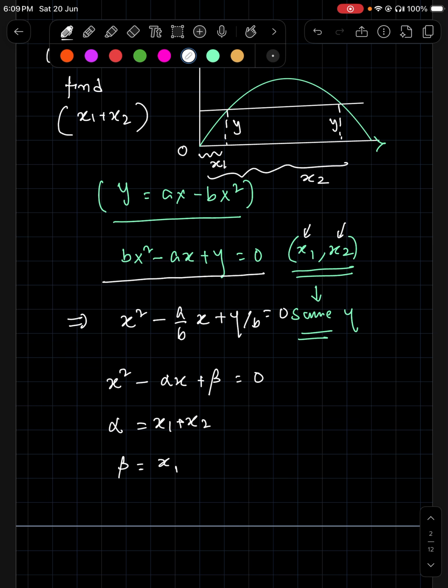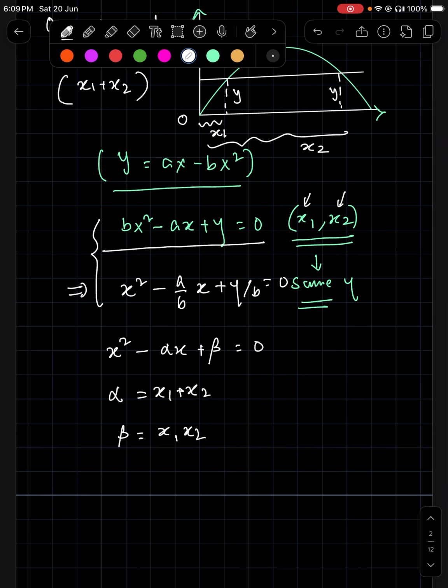If I compare these two equations, we can easily see that in the place of alpha, a by b is there, and in the place of beta, y by b is there.